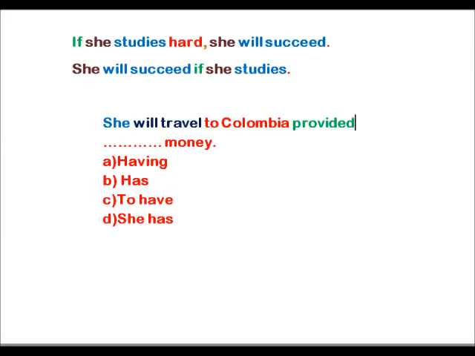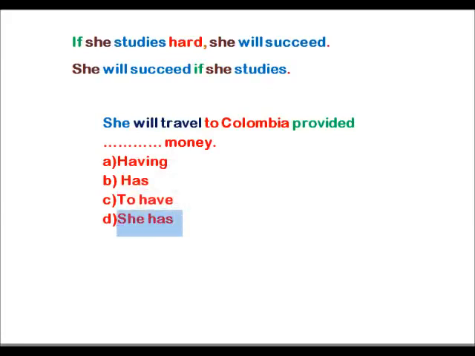Now having, that's not the right choice because that's a present participle. I don't need that. Has, that's only a verb and I need a subject and a verb. To have, that's infinitive plus verb. I don't need it because this is not even a verb. Okay, and finally she has, well, that is the right choice.